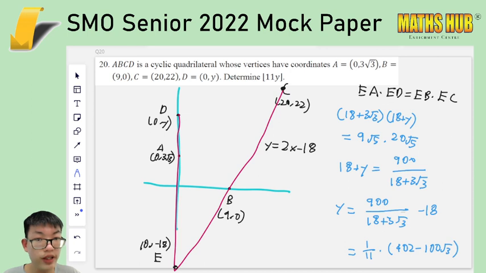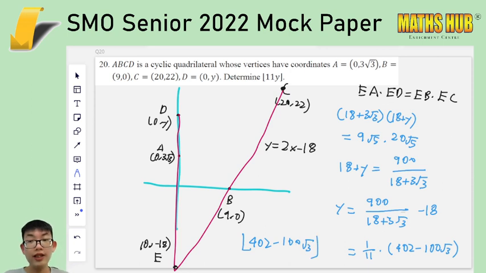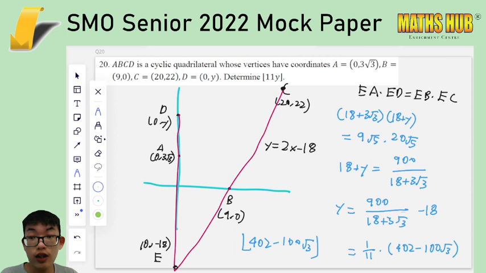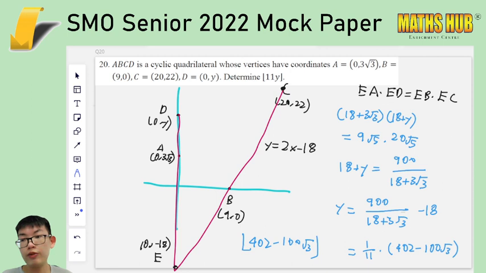Okay, 402 minus 100 square root 3. So floor of 11y would be floor of 402 minus 100 root 3. So here, another reason is that I wanted you to be aware of the approximations of square root 3 and also square root 2 up to 2 or 3 decimal places. This is useful general knowledge for many of these Olympiad questions.